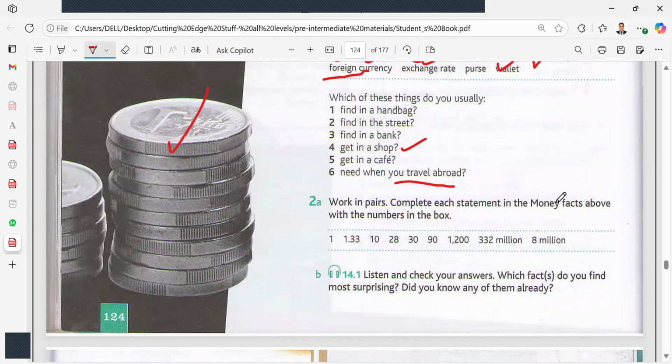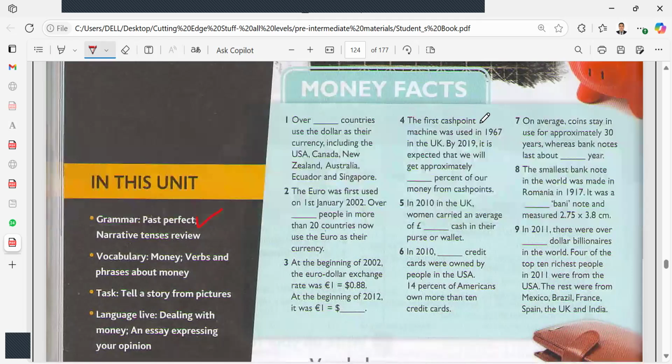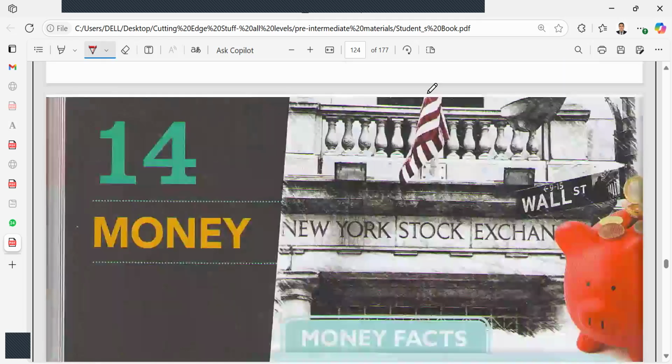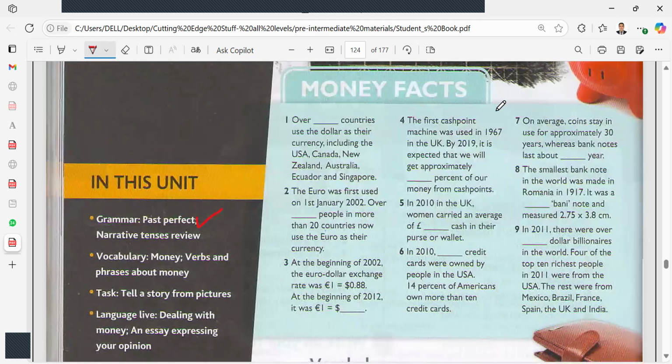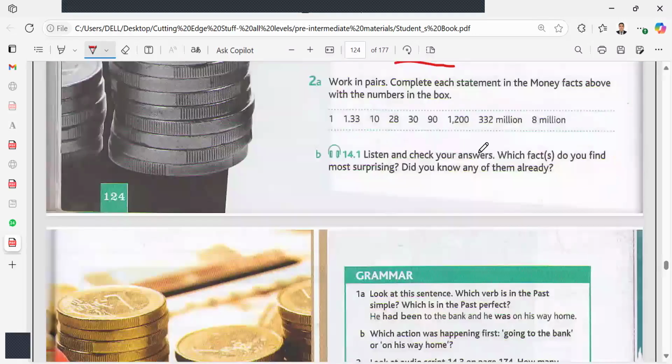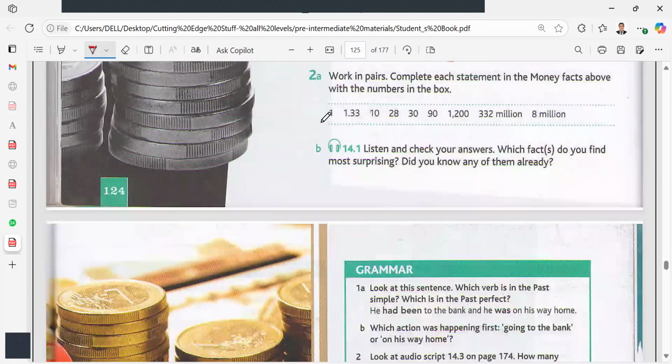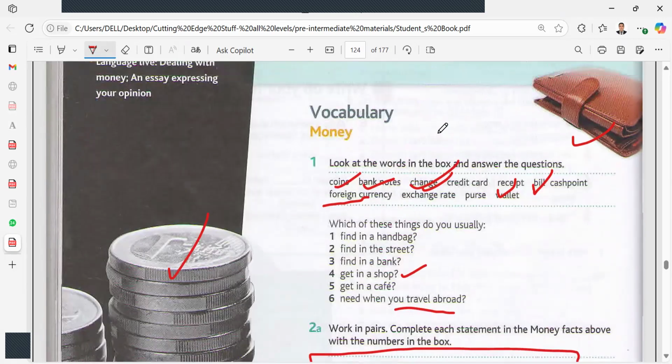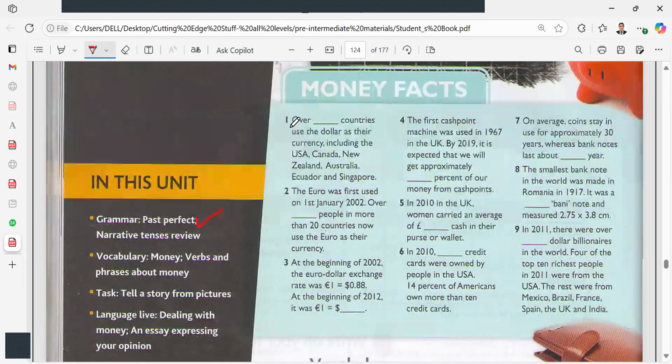We have some facts here. Money facts. معلومات أو حقائق عن المونey. What should you do? Use these numbers in the box. Use them to complete the statements from 1 to 9.